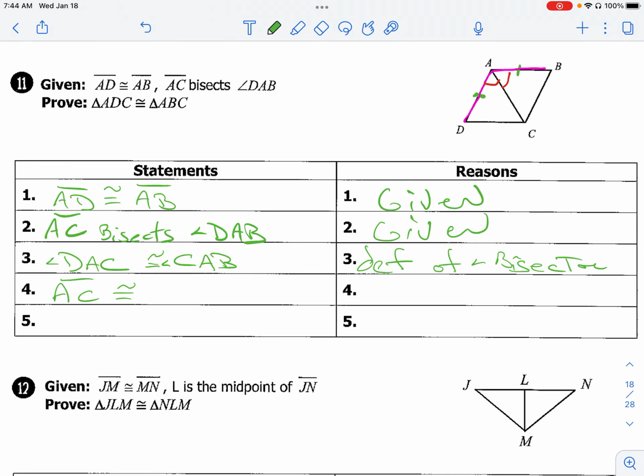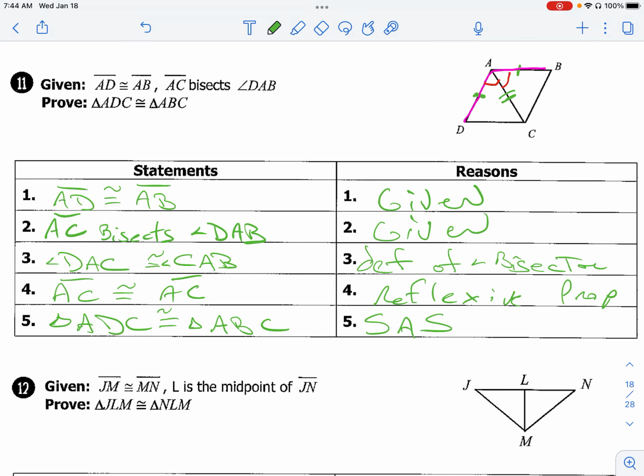AC is congruent to AC. It's a reflexive property again. So triangle ADC is congruent to triangle ABC by side, angle, side, and make sure your congruent parts match up.